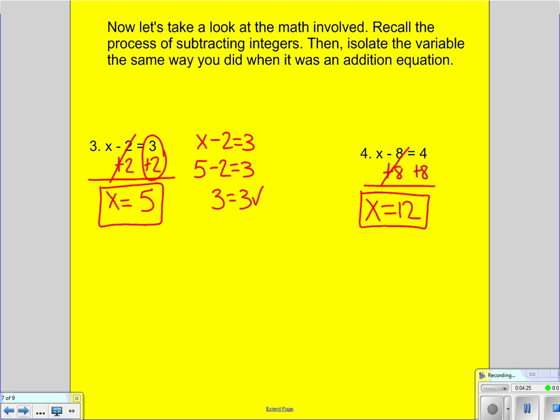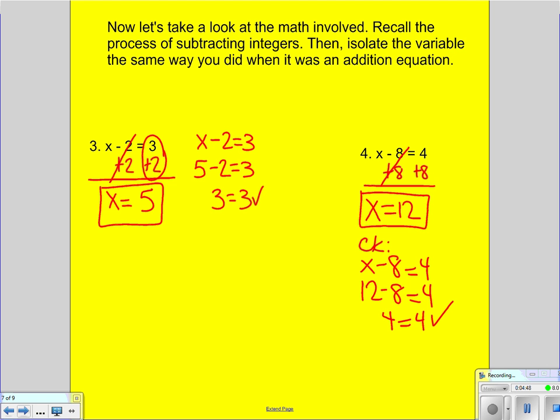We're saying that's my answer. Let's check it. Rewrite my equation. Wherever I see x, I'm going to put 12. 12 minus 8 is 4. And the other side's supposed to be 4, so it does equal.